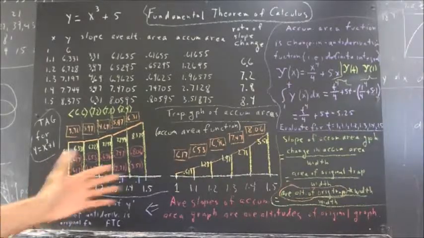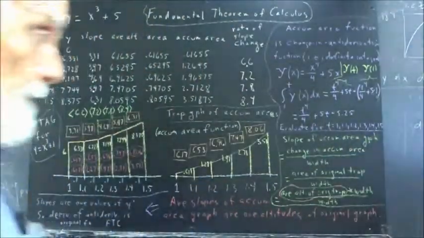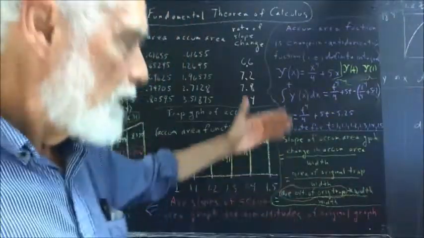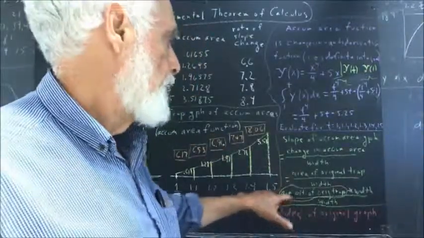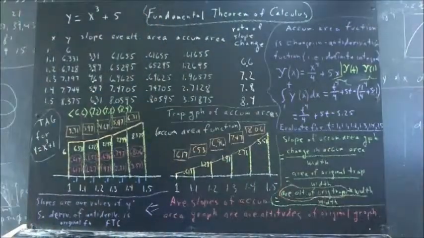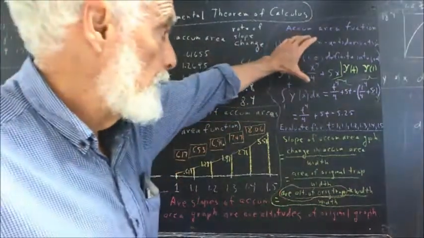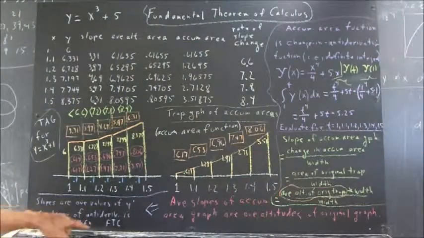And the reason that's the case just really goes back to this argument here. The slope of our accumulated area graph is, in a very simple manner, demonstrated to be equal to the average altitude of the original trapezoid, so that if we have an accumulated area function, its derivative has to be equal to the original function.